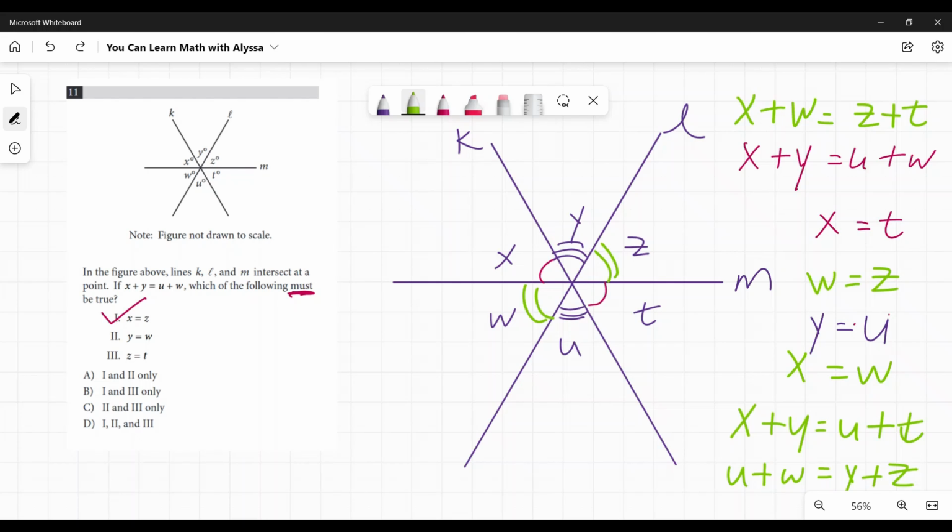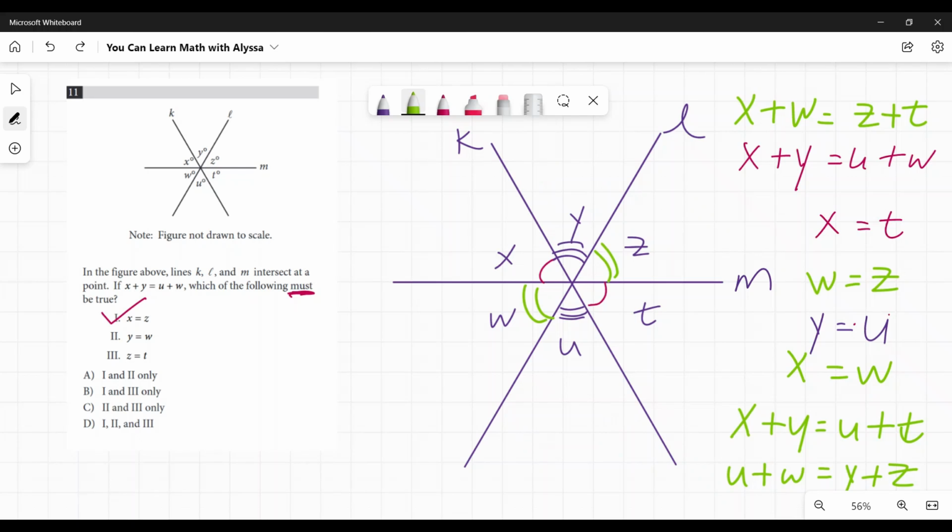So this is the way that you logically prove it, that you can prove to yourself which one, try to come up with a combination for Y equals W, and you're not going to find one. There's a lot of different things you can try here, and you're not going to find it. Another way you can look at it is if you view this graph, because it's not drawn to scale, what would happen if I moved this line, so this tilts this way, and this line kind of goes in like that?